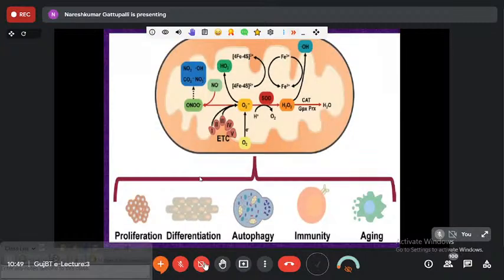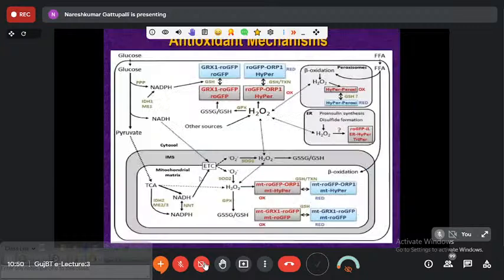We have realized that the regulation of these oxygen radicals plays a very important role in higher systems in terms of proliferation, differentiation, autophagy. We are going to talk about some of these later, with immunity, aging, and so forth. So oxygen radicals are a central thing.